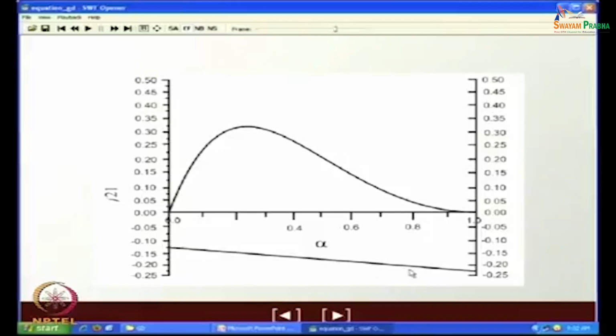So, therefore, the straight line will lie in the fourth quadrant, is not it? The straight line will be something of this sort. And if you observe this particular PPT, you find that the straight line will lie here. And therefore, what do we find? For such a flow situation, there cannot be any point of intersection between this curve and the straight line.